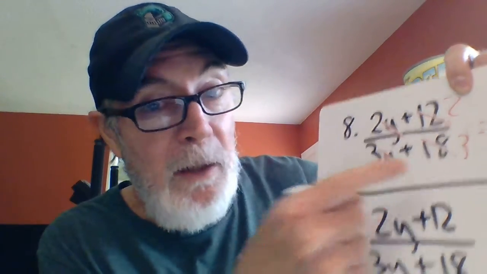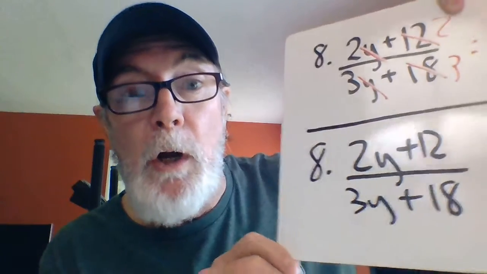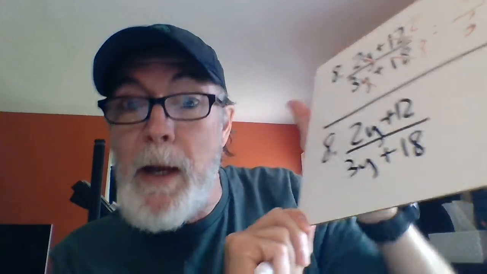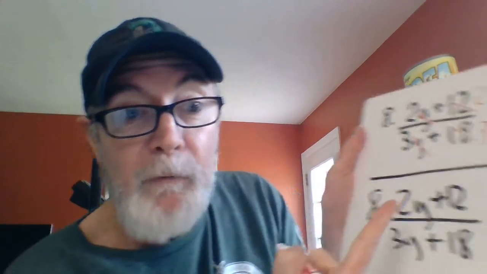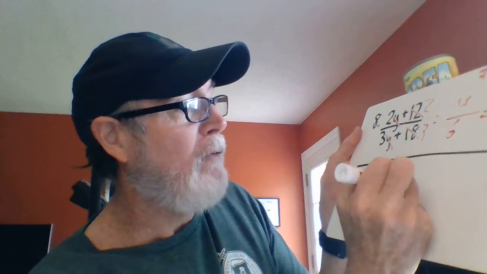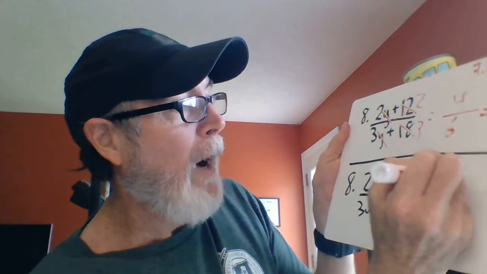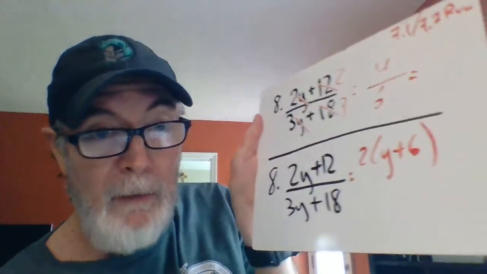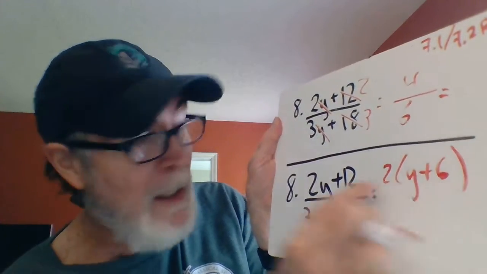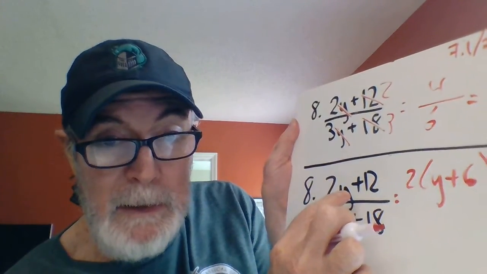Same thing down here. What could you do? Oh, you could factor them, and then you can cancel factors. See, factors are things that are multiplied together. So look, both of these terms have 2 in them. So let me take the 2 out. 2, and I'd have y plus 6. If I multiply this back together, that's what I get.